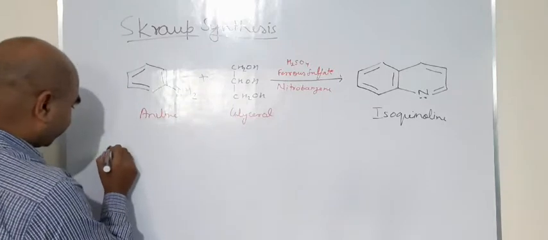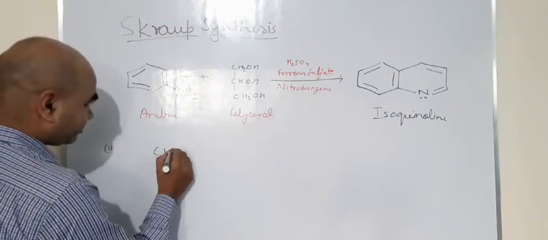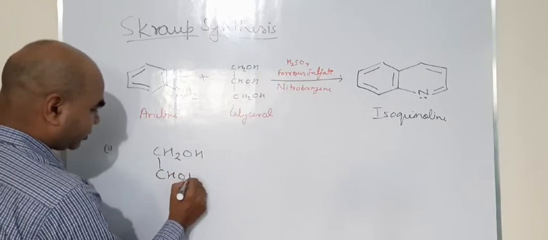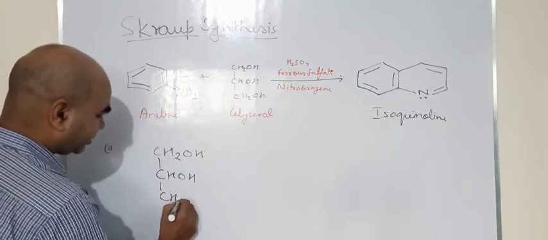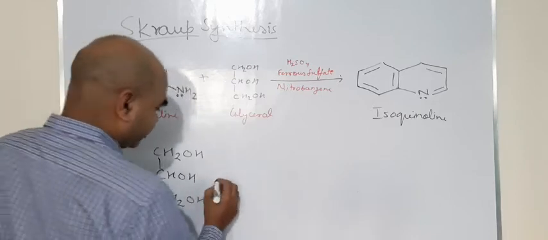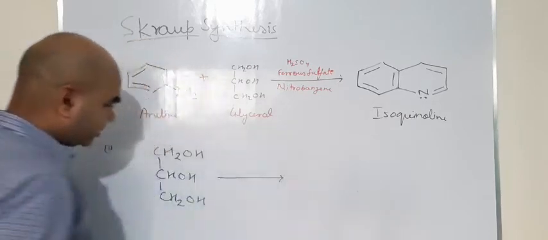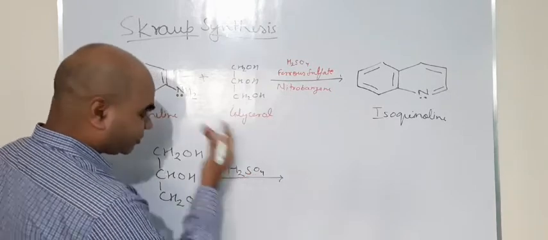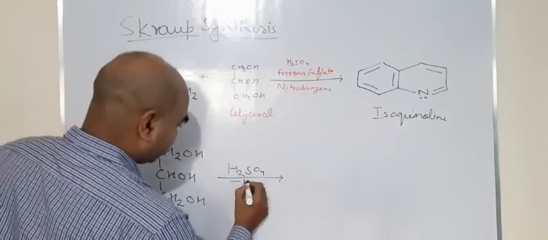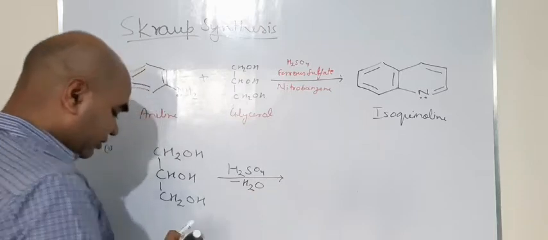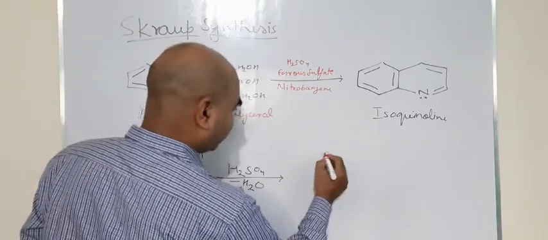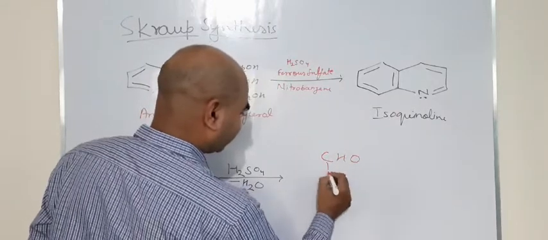So the first step: CH2OH, CHOH and CH2OH, when treated with H2SO4, undergoes a dehydration reaction and forms the aldehyde CHO.